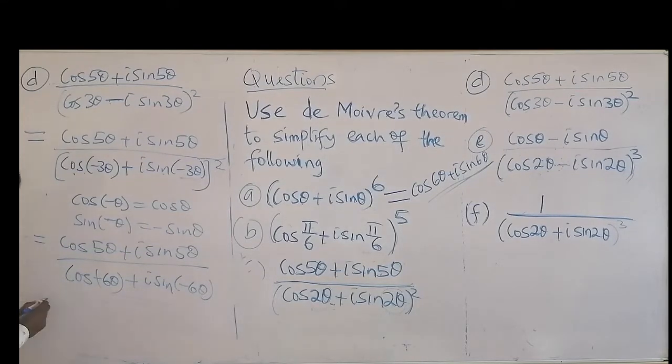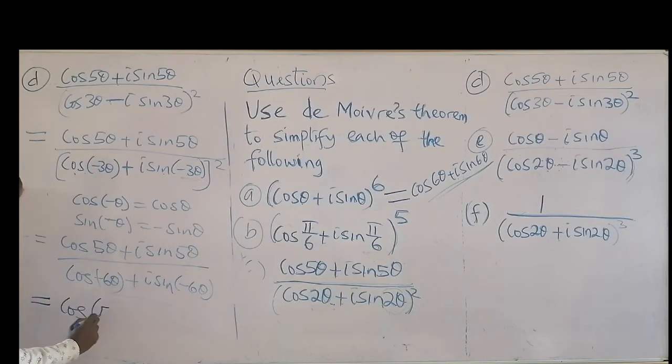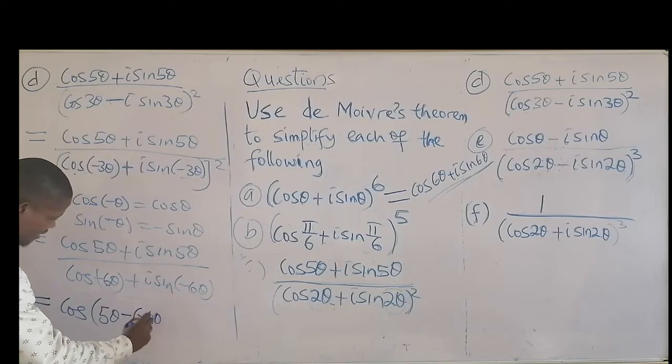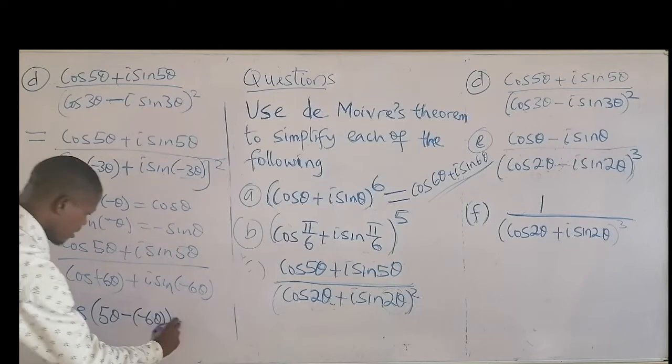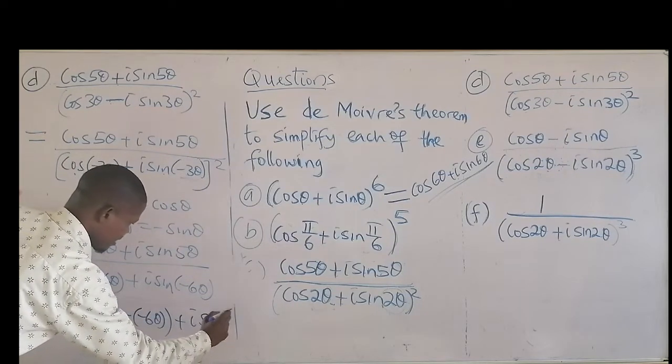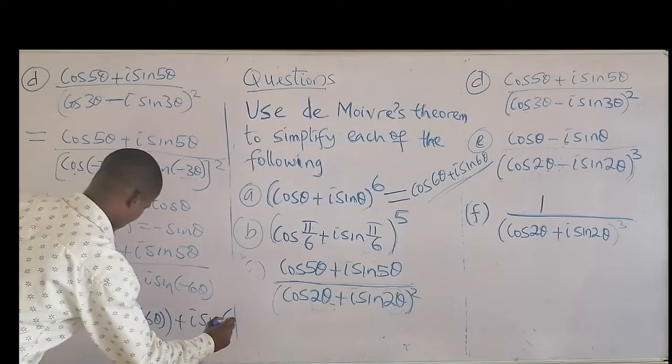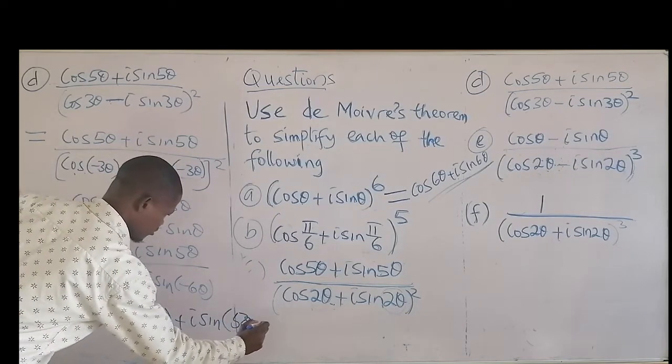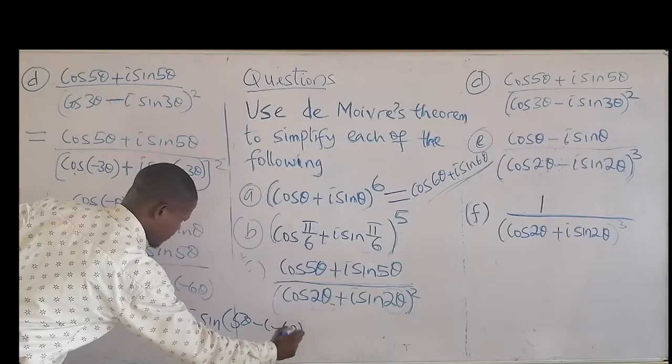So then we can apply the division rules. That will be equal to cos of theta 1, which is 5 theta, minus theta 2, which is minus 6 theta, then plus i sine of theta 1, 5 theta, minus 6 theta.